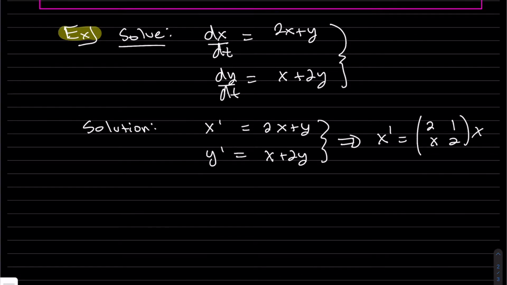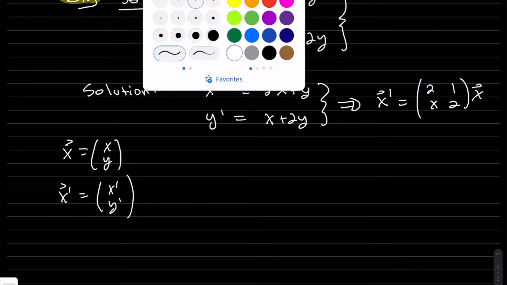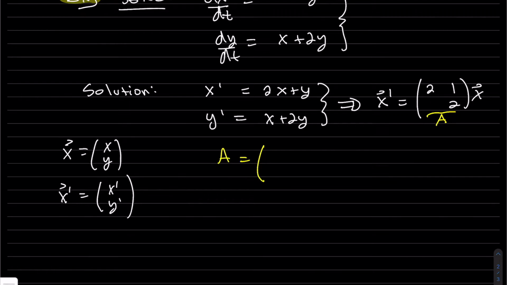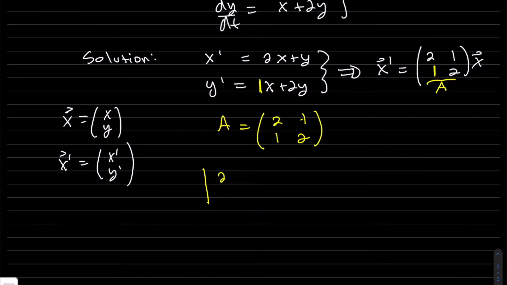I know I'm being redundant there, but our x vector is x, y, and our x prime vector is x prime, y prime. Let's go ahead and find, that's supposed to be 1, the eigenvalues. That's our characteristic equation.